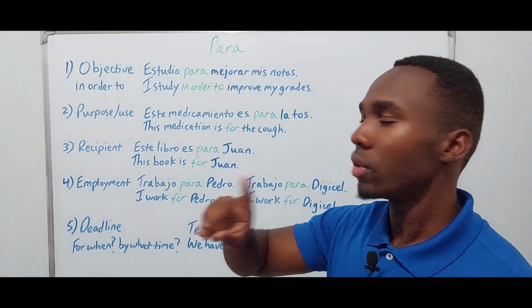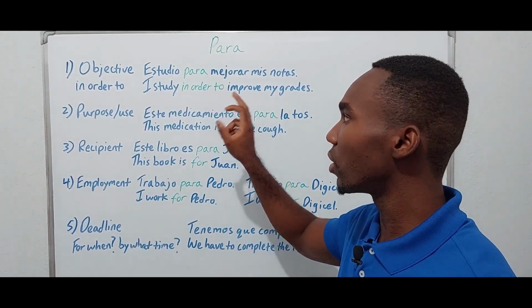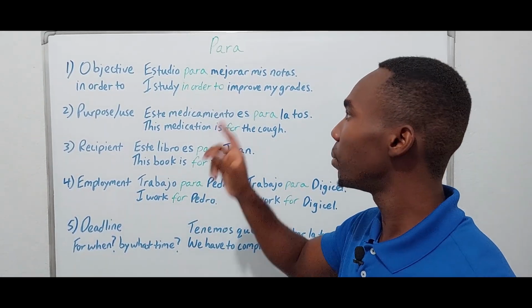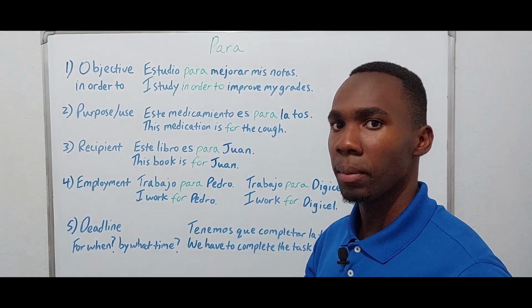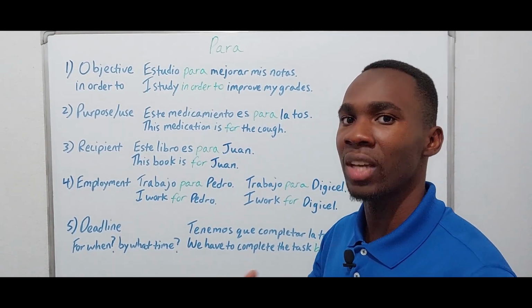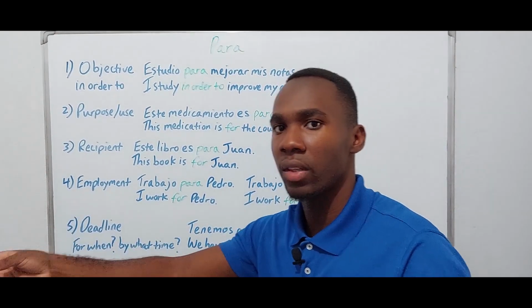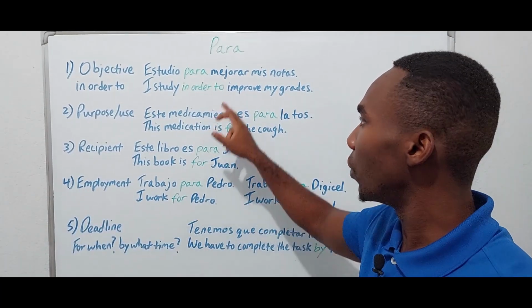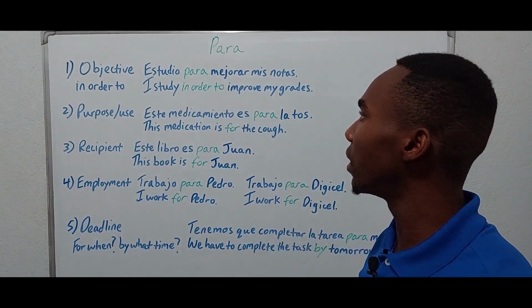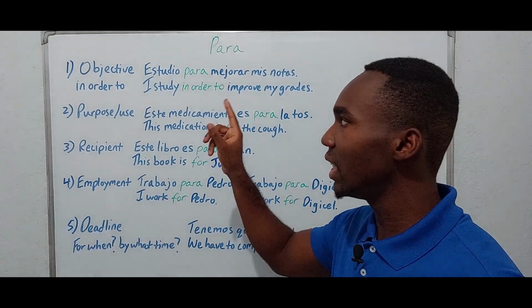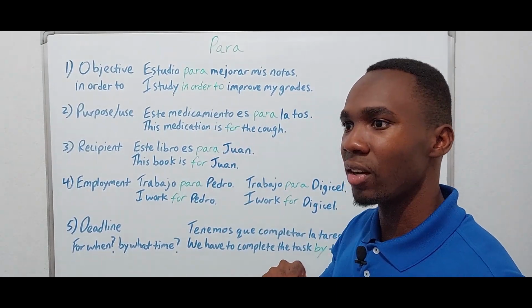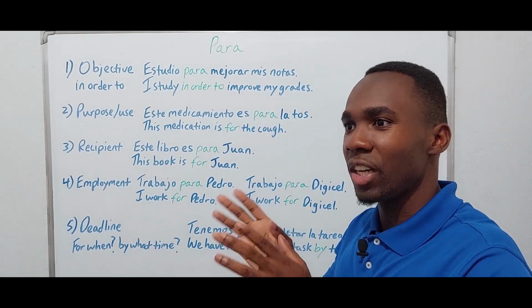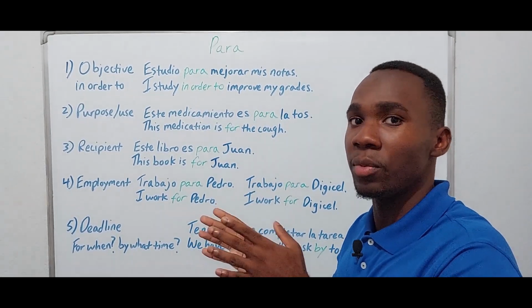And another pointer, you will realize because we are talking about objective, in this case, para is always going to be followed by a verb in the infinitive, right? Because you're talking about an objective in order to do something, right? So it would always be followed by a verb in the infinitive. But this theme is oftentimes confused with por because you have to differentiate whether this is a reason or an objective.